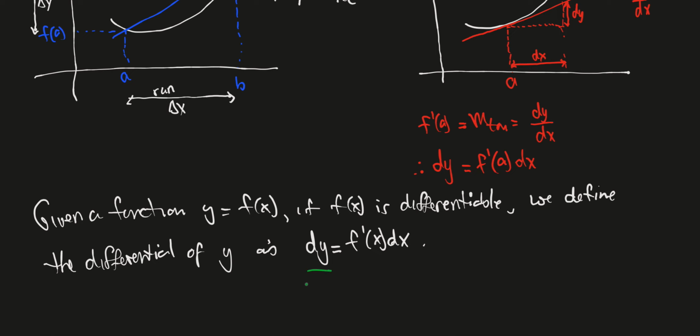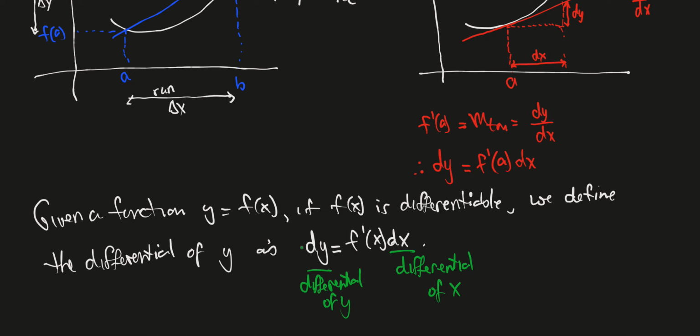So this is the differential of y, and this is the differential of x, right? But it is just a different way of thinking of the derivative. So this dy over dx, instead of thinking of it as a slope, we can now think of it, for instance, over here as the product of two quantities, right?